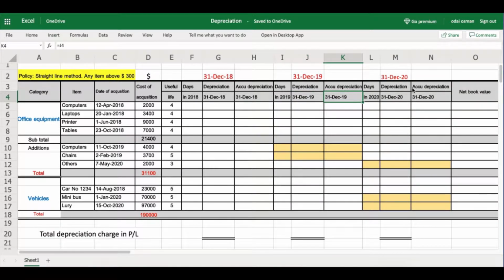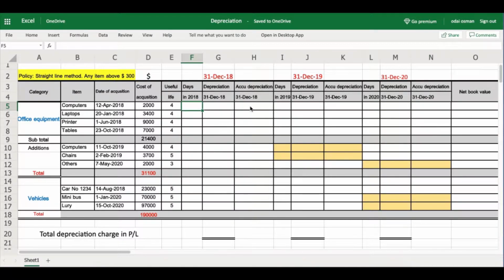And lastly, we need to calculate the net book value. In the last year or reporting period, 31st of December 2020, we need to know the accumulated depreciation and the net book value of our assets. So let's get started.